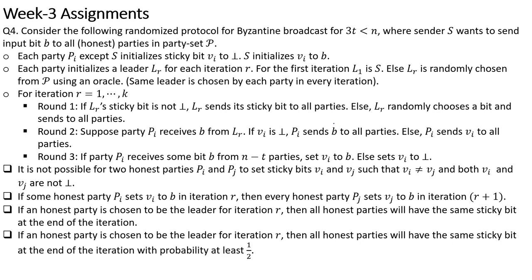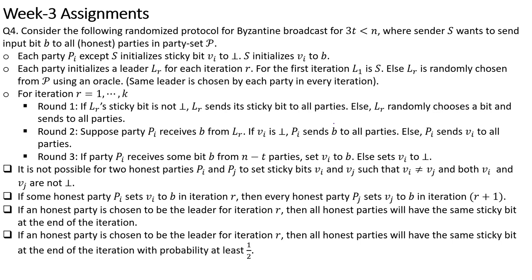So if it is not bot, that means Lr has a valid input and it sends this input bit to all the parties. Otherwise, if its input is bot, then it randomly chooses a bit and sends it to all parties. So in round 1 only the leader Lr is the sender and all the parties are receivers.